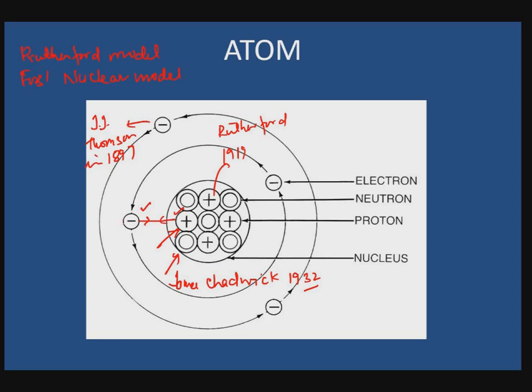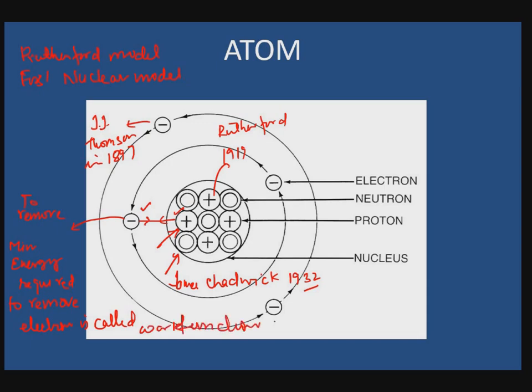Now, if you want to remove this electron, a certain minimum energy is required, because it is under the influence of attractive force. The minimum energy required to remove an electron is called the work function.